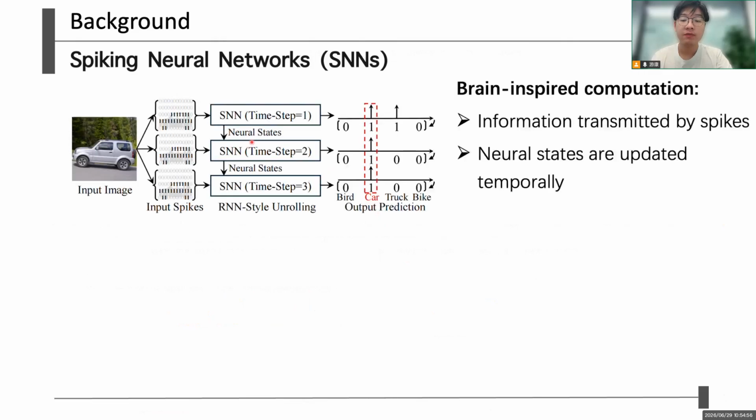As shown in the figure, the information of SNN, including input and output, is transmitted by spikes, while neural states are updated temporally. For classification, each output neuron is assigned to one class, and the predicted class is determined by the neuron that fires most frequently.